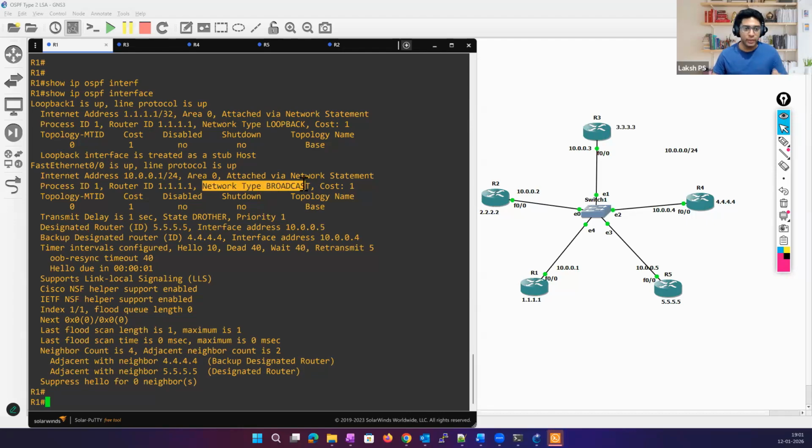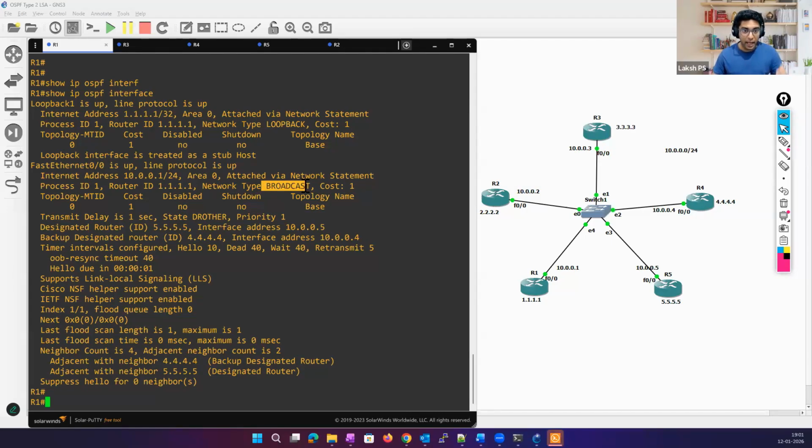And this is what I was trying to tell you guys, that OSPF considers Ethernet interfaces, it can be a fast Ethernet interface, a gig Ethernet interface, or a 10 gig, 100 gig, or 1000 gig Ethernet interface, the network type that OSPF considers for Ethernet interfaces is broadcast.